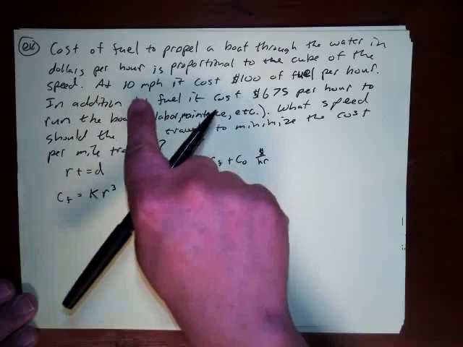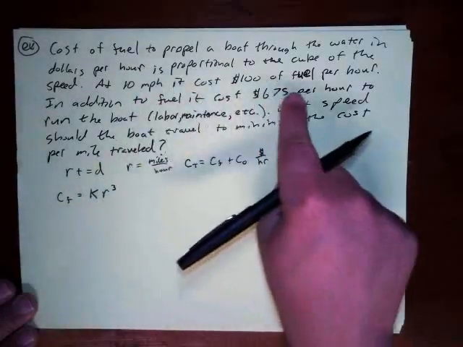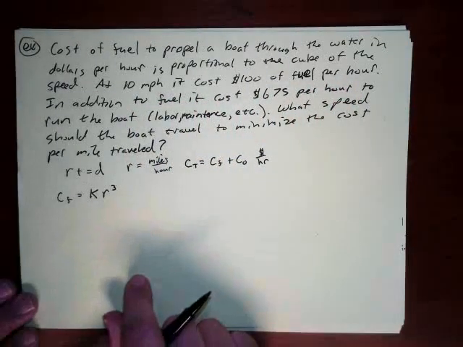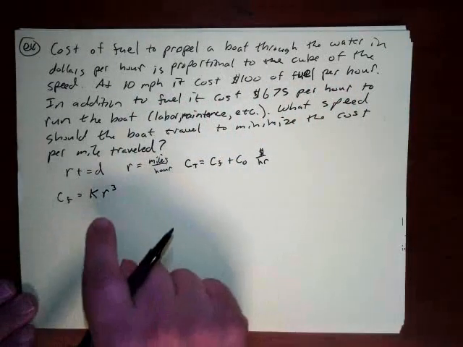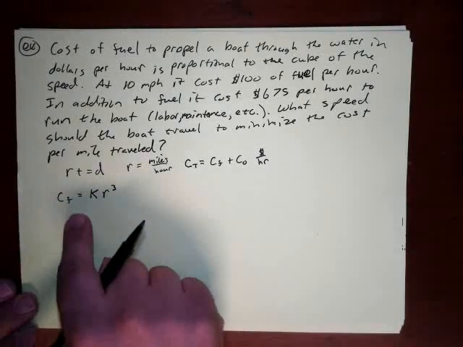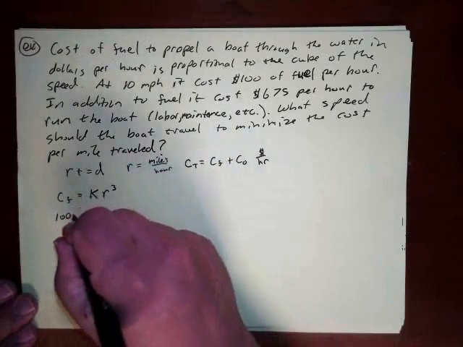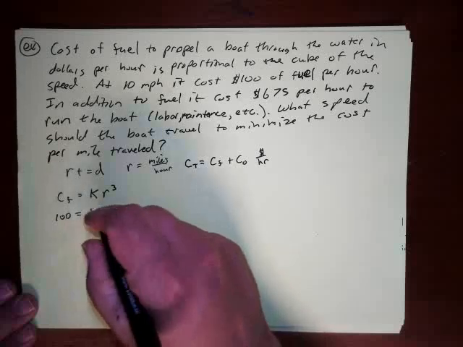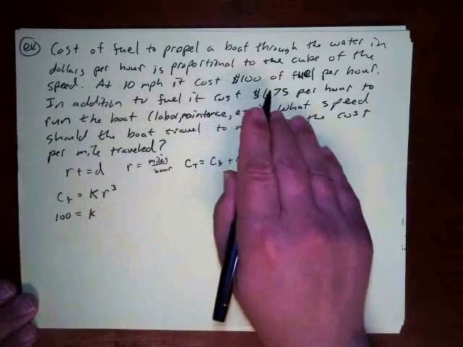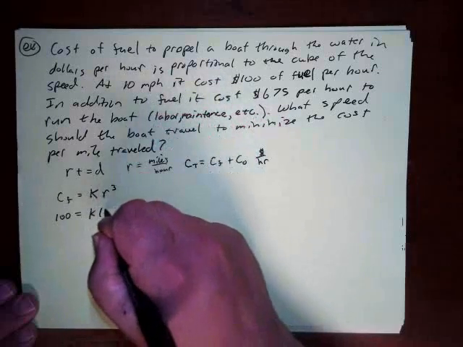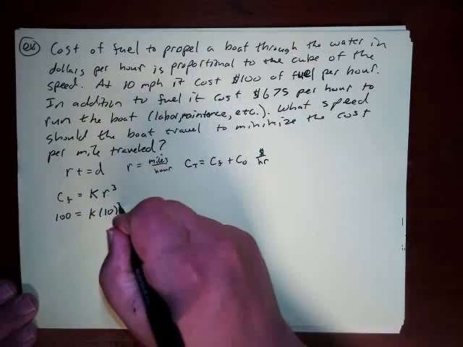Well, it tells us that at 10 miles per hour it costs $100 of fuel per hour. So what that means is it's giving us a value here. It's $100 to run the boat for an hour when the rate is 10 miles per hour.